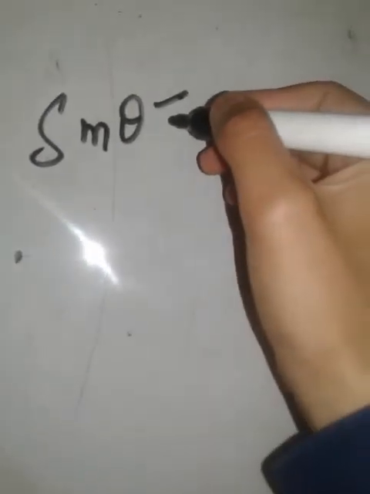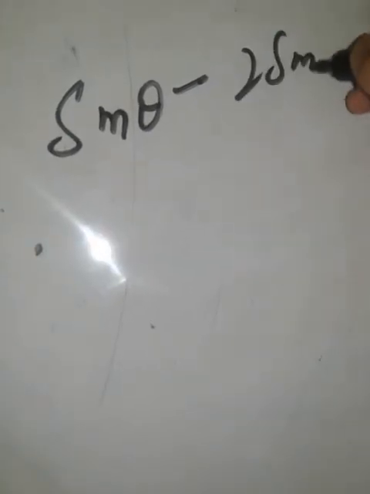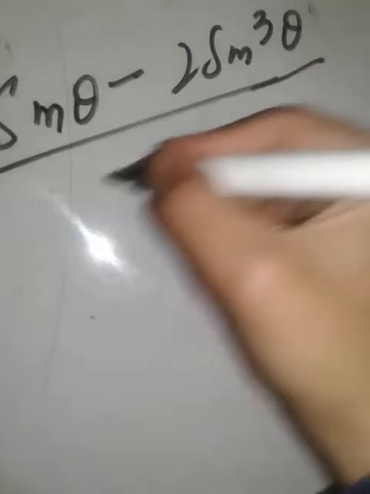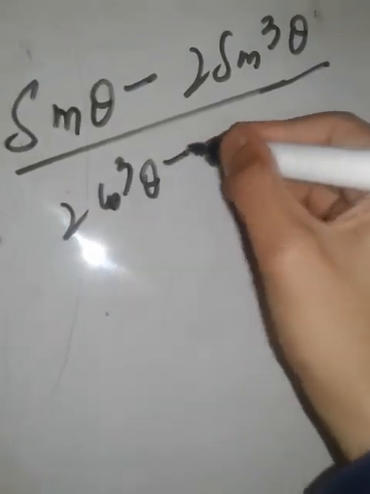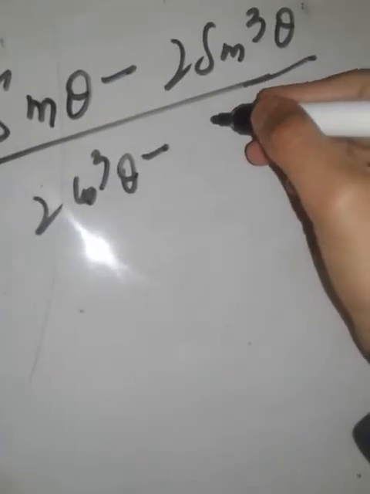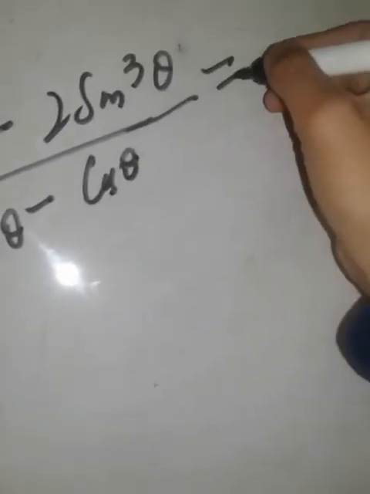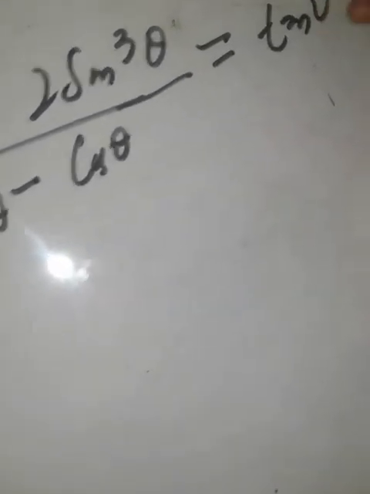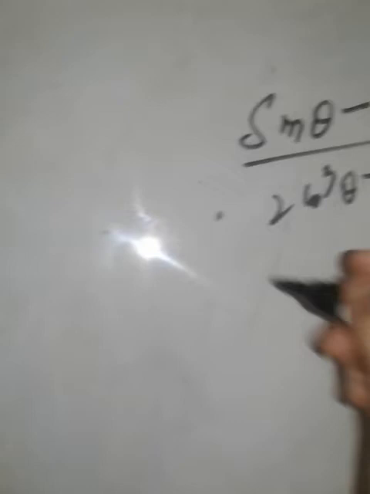Another question: (sine theta minus 2 sine cube theta) divided by (2 cos cube theta minus cos theta). We have to prove that this equals tan theta. Similarly, have a look.